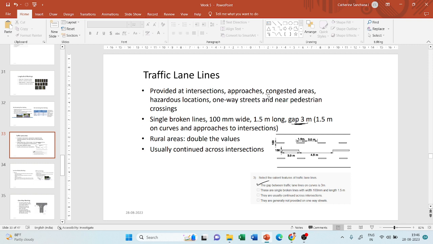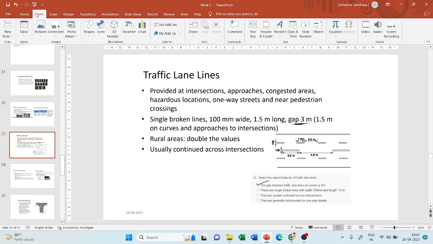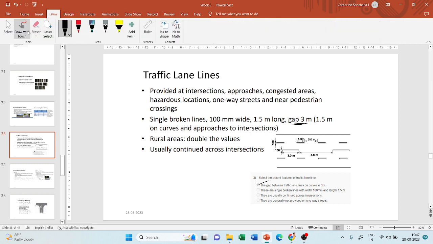Sorry, my mistake. It is asked for curves, right? For curves, it is 1.5 meters. See, it is 1.5 meters. So the first one is not correct.